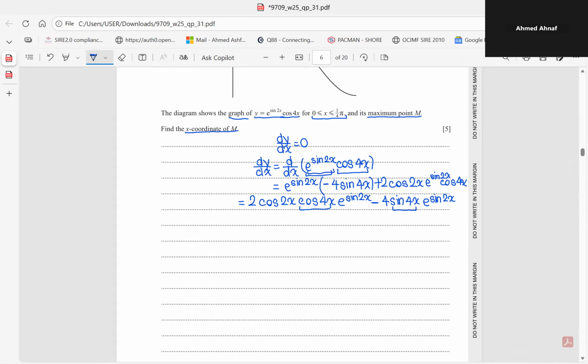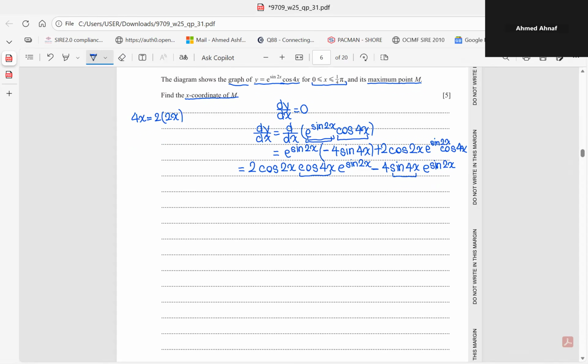To do that, you just have to know that 4x is twice of 2x. And so when you do that, cosine 2 times 2x, you can use the double angle formula. So sine 2 times 2x, e to the power of sine 2x.